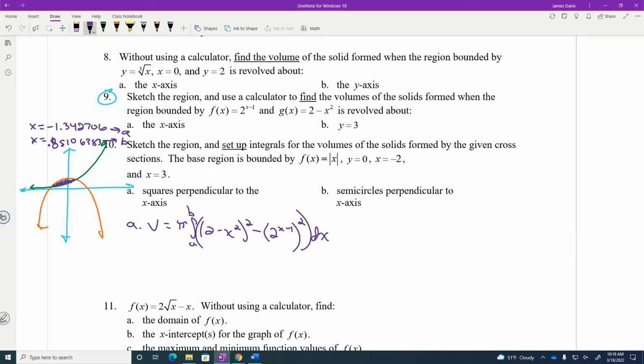Triple check, because I tried to do that. I don't think I did it. That should be 1, right?